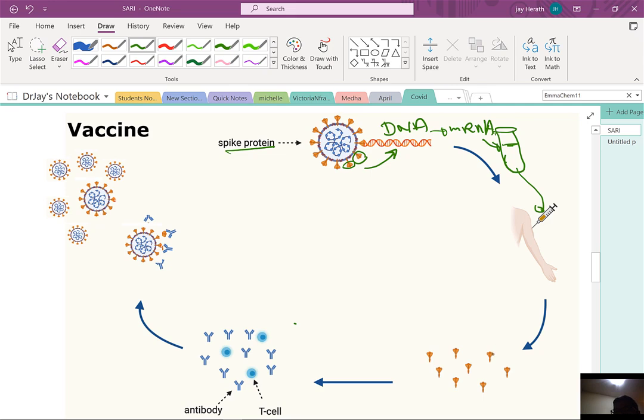And then it produces these little pieces of protein, and these are basically fake virus proteins, right? They are not real viruses, so we are not really infected by the bad virus. After the vaccine we have these proteins inside our body, and these are called antigens.